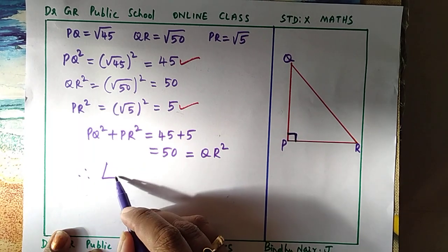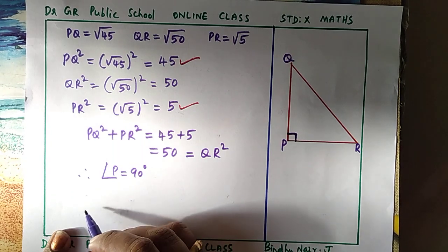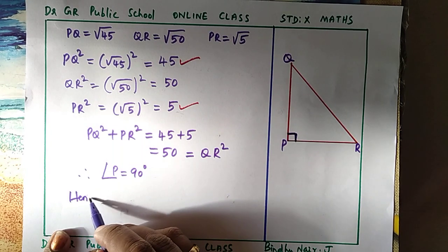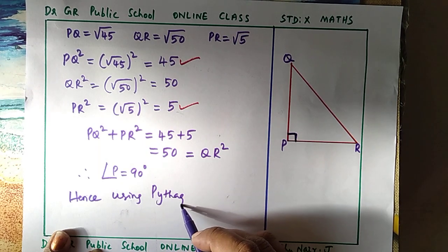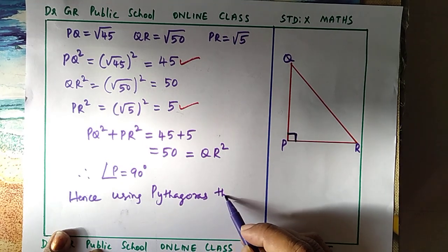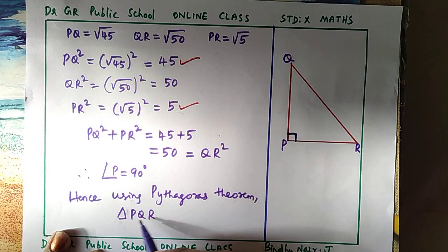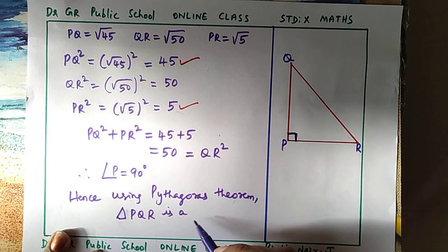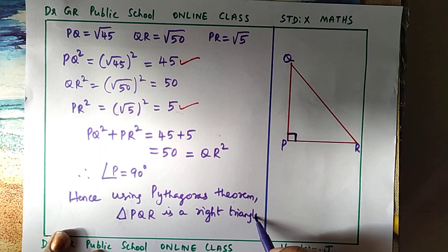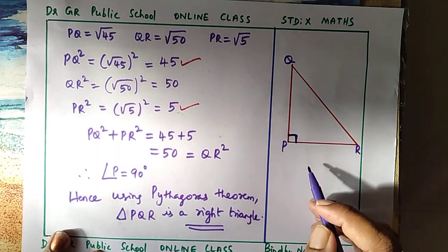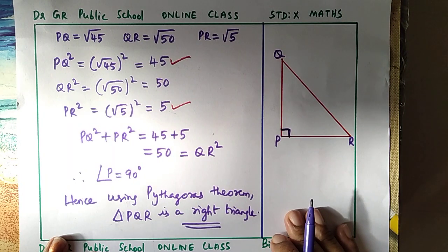Therefore, angle P is definitely 90 degree and hence using Pythagoras theorem, what is the name of the triangle? PQR is a right triangle. Thus we proved this triangle is a right triangle. Okay children, understood? Yes.